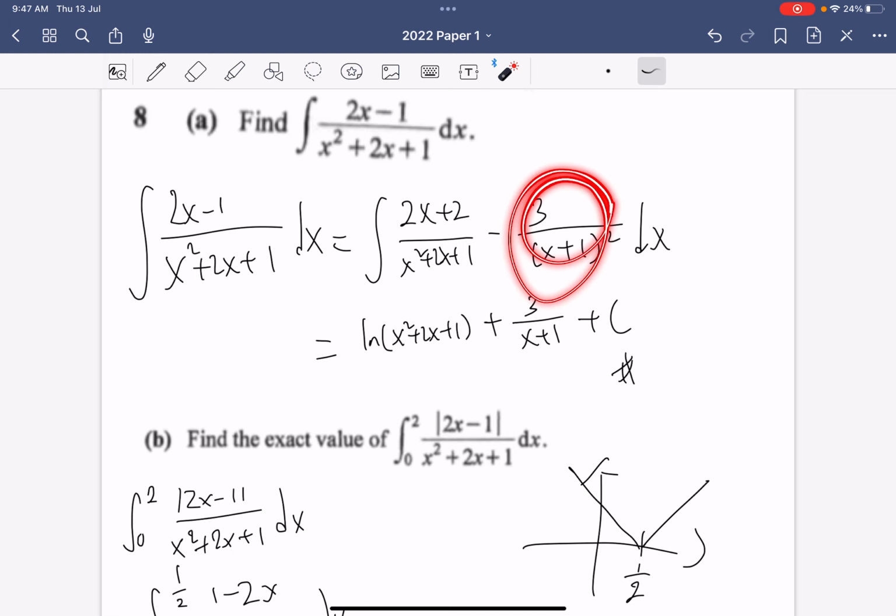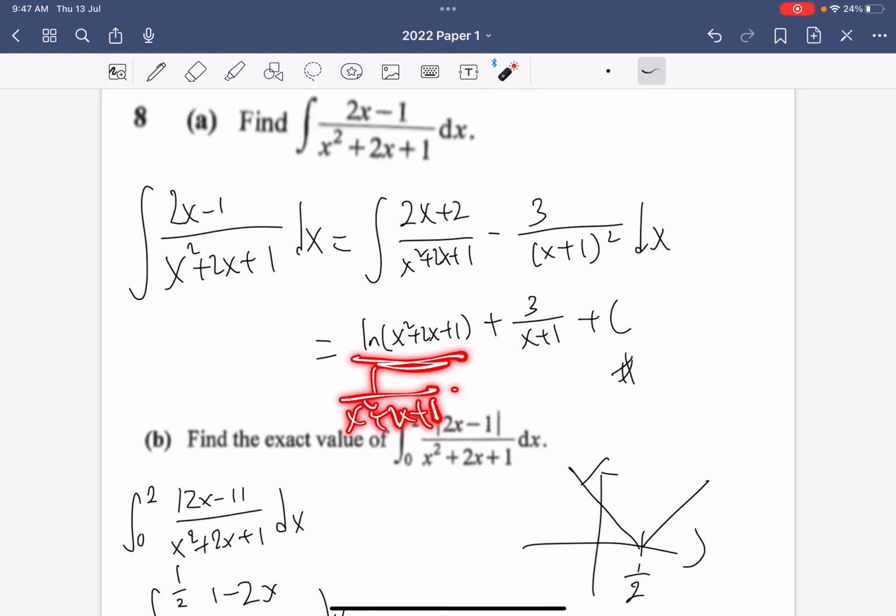So this portion now can be integrated easily. Well, this also can, because this is just ln. Because when you differentiate ln, it becomes 1 over x squared plus 2x plus 1 times the derivative of the inside, which is this. So this gets here.